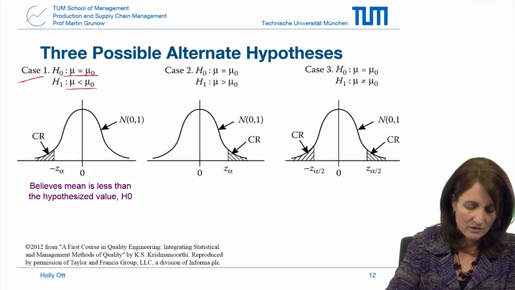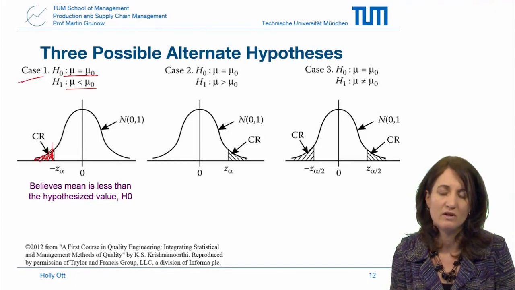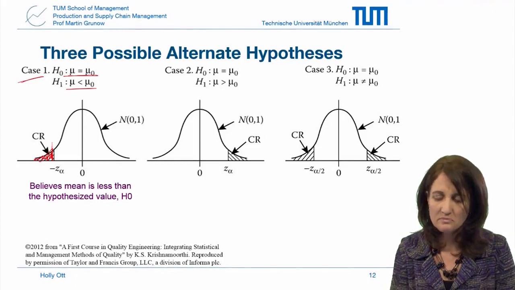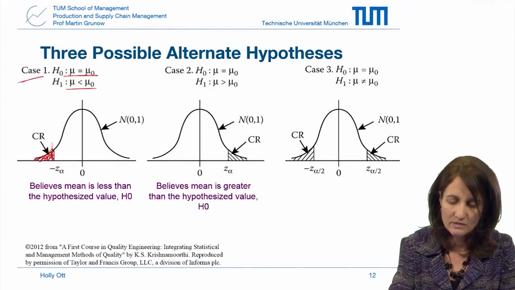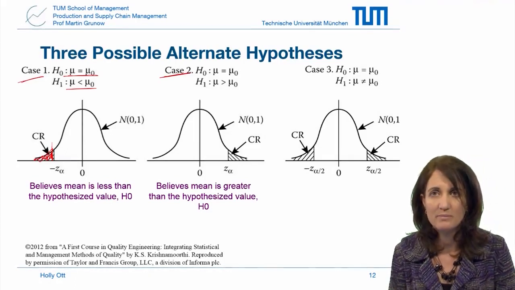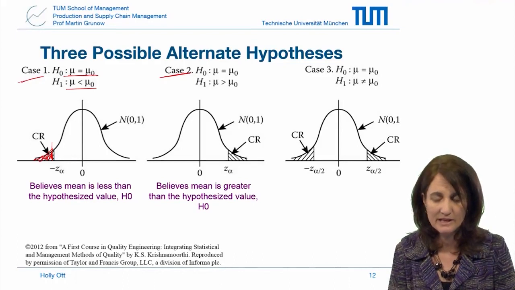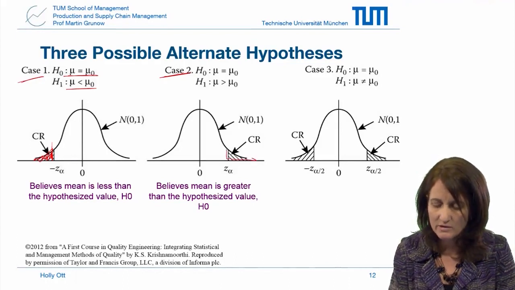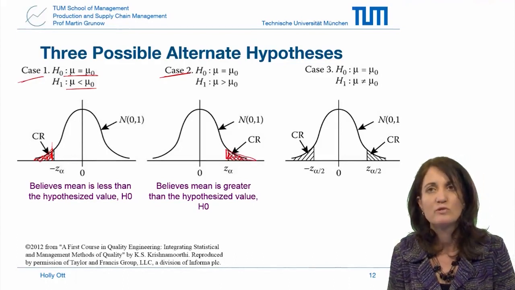And so here our critical region is to the left of our 0 value. As we had before, case 2, here we believe that the mean is greater than the hypothesized value. This is the same case we just did. And here we would set our critical region to the right of 0.